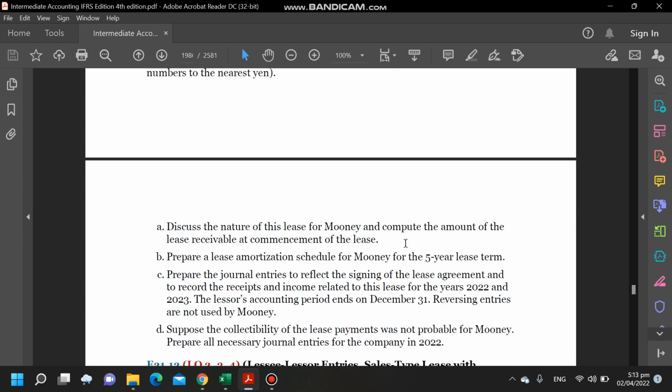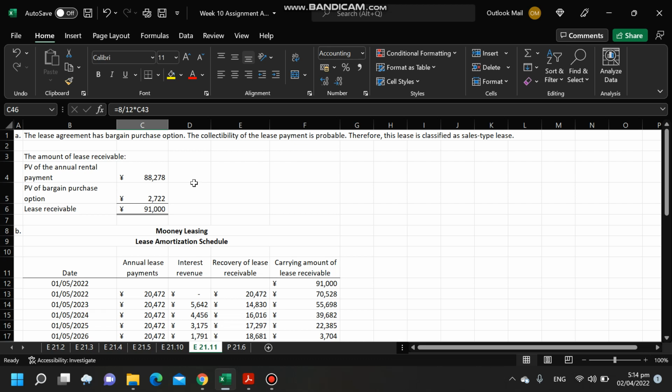A. Discuss the nature of this lease for Muni and compute the amount of the lease receivable at the commencement of the lease. Because the lease agreement has the bargain purchase option and collectibility of the lease payment is probable, this lease will be classified as a sales-type lease, or in other words, a finance lease.